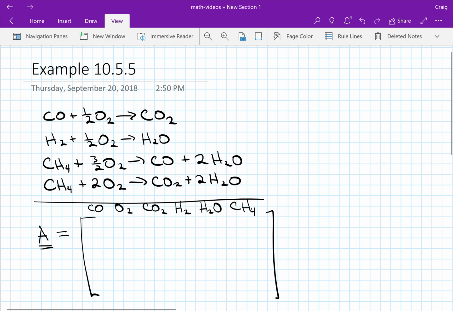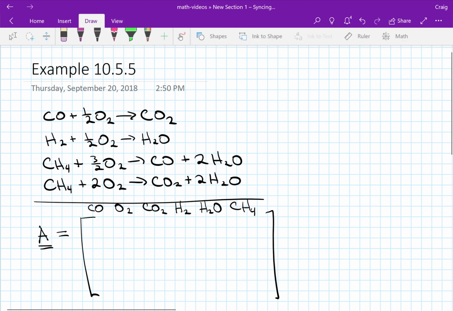Each reaction gets a line as an equation, and the first mass balance equation tells me that the first reaction involves carbon monoxide, oxygen, and CO2.